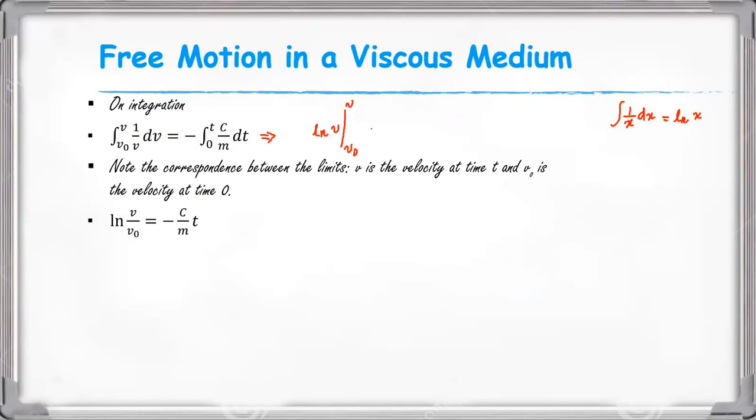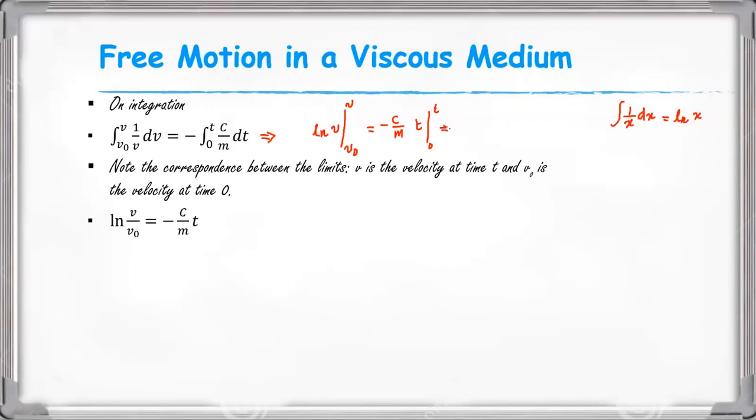That is equal to minus c by m taken outside, and the integrated quantity is t, in the limit 0 to t.